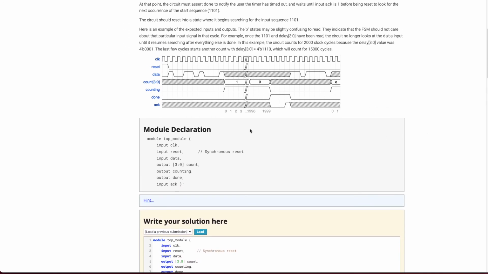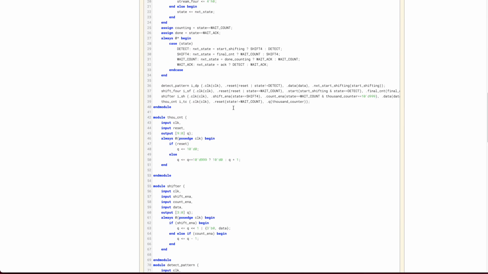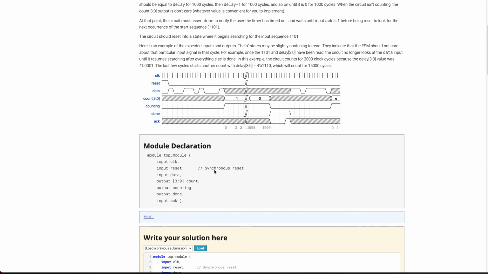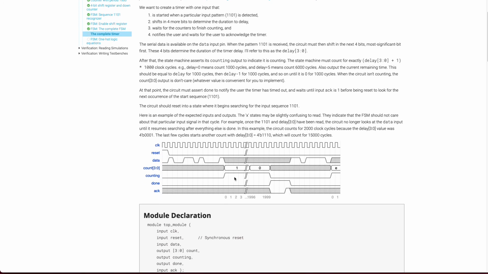Why state instead of next state? Here next state is blah and state is blah. So if state is wait count, then reset goes to 0. Oh, the next cycle it's 1 already, so we do get 0, 1, 2, 3.